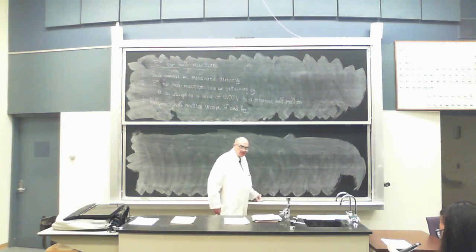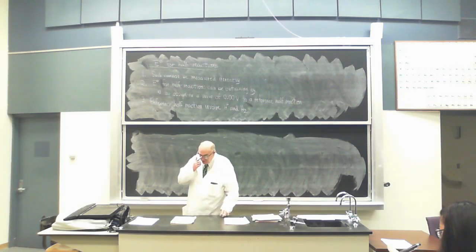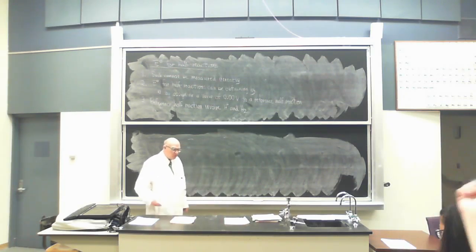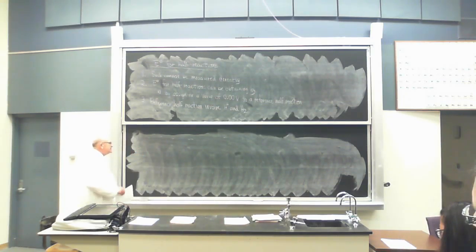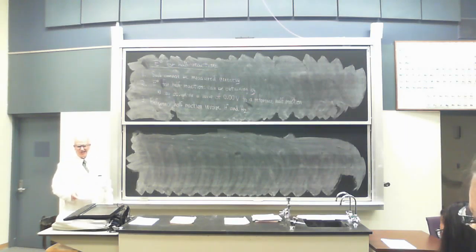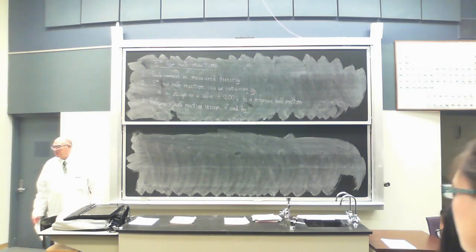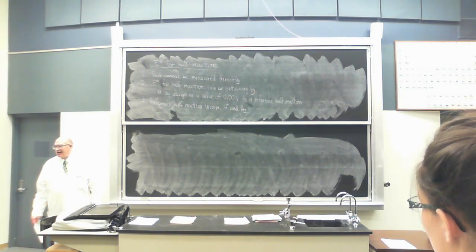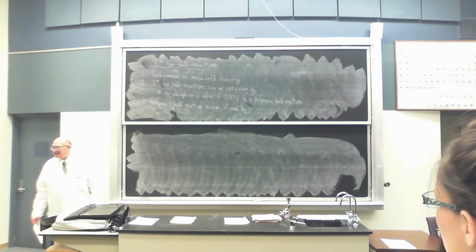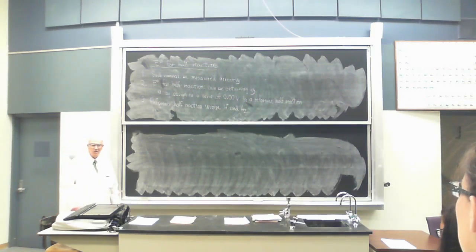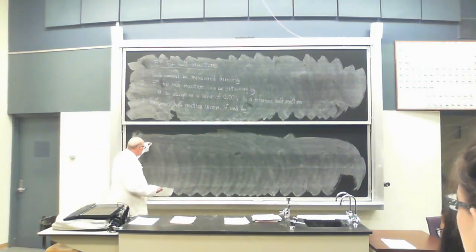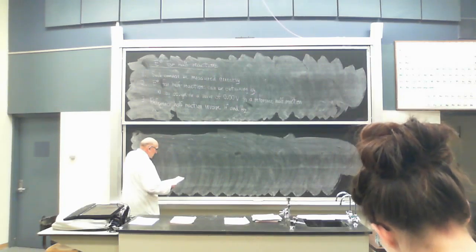Now let's look at the three E0 values that I had on the board a minute ago. What were they? 1.10, 0.76, and 0.74.